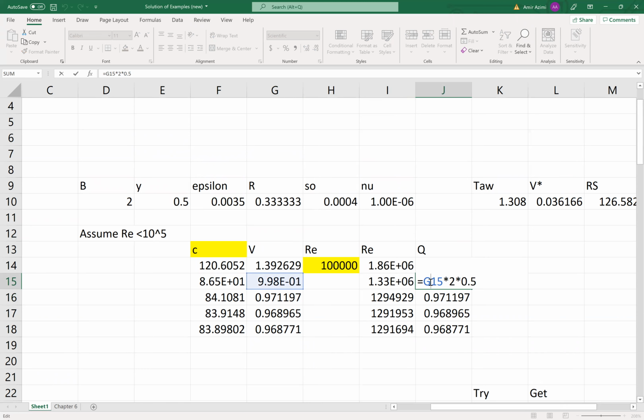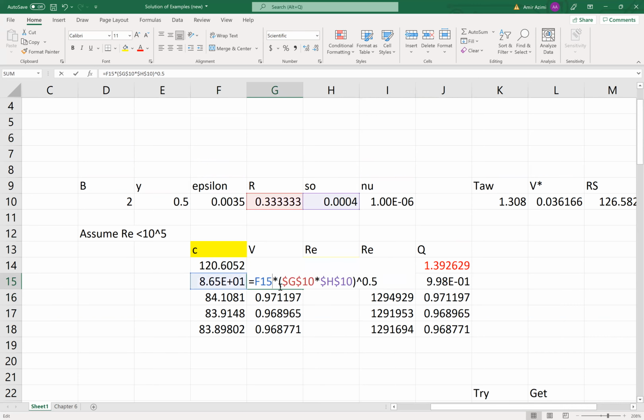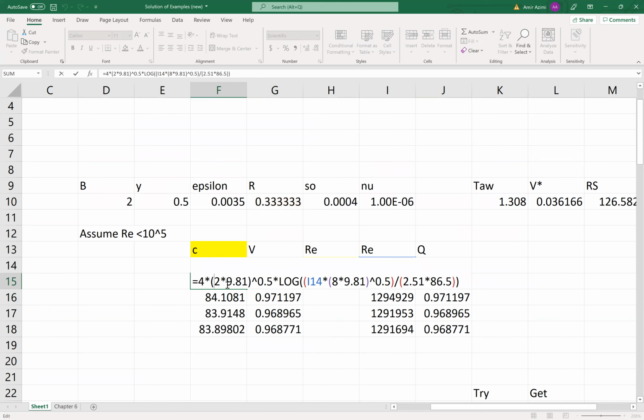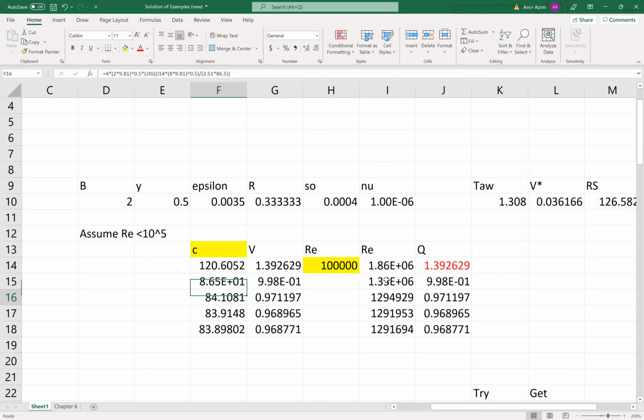So the discharge is velocity times area, width times depth times velocity. Then we got a new value of Reynolds number. So you see here, in the calculation of the Chezy equation, we should use Reynolds number. So now we got the new value of Reynolds number.